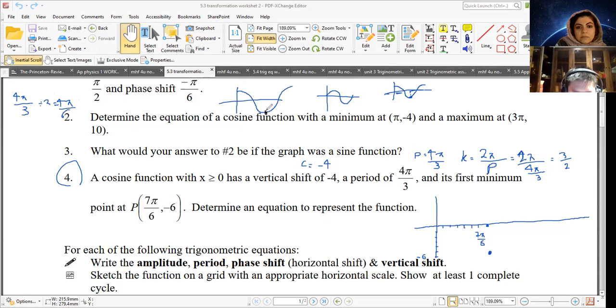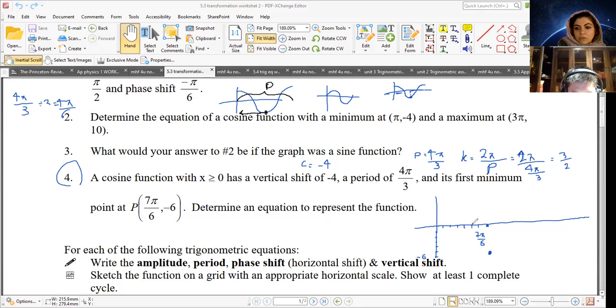This is my first minimum. If I go back half the period, I get to the maximum. The total from here to here is my period, and from here to the maximum is half a period. So if I go back 4 pi over 6, I will get to my maximum.